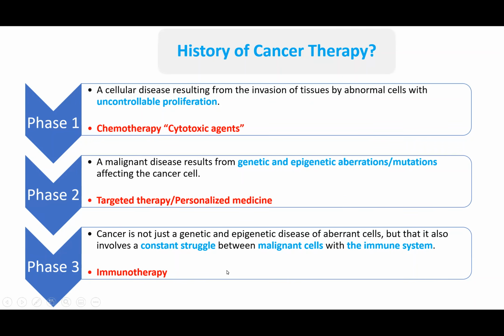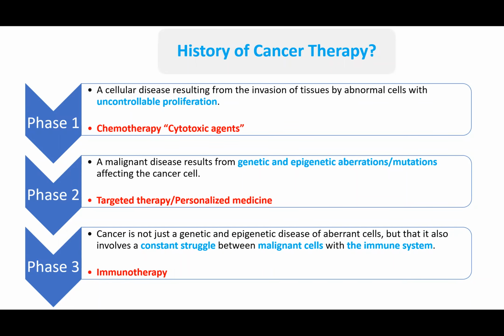And in phase 3, researchers started to realize that cancer is not only a disease of cells characterized by genetic or epigenetic mutation, but in fact it's a constant struggle or battle between cancer or malignant cells on one side and immune cells on the other side. And here comes the importance of immunotherapy.